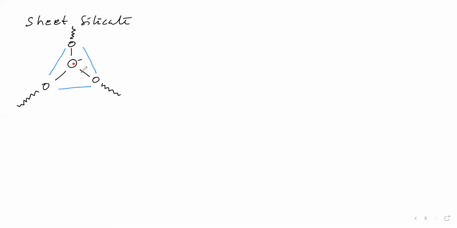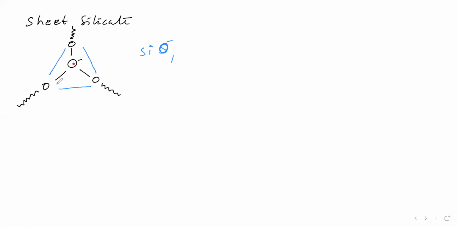Here, what is the formula for this? We'll say here one silicon atom is there. This oxygen gives full share to this silicate unit. That minus charge we will give full share. Then this oxygen gives half share to this SiO4 unit.